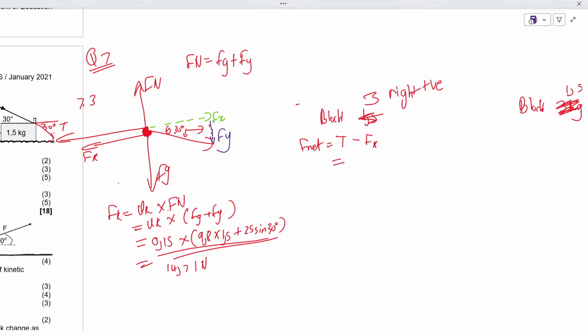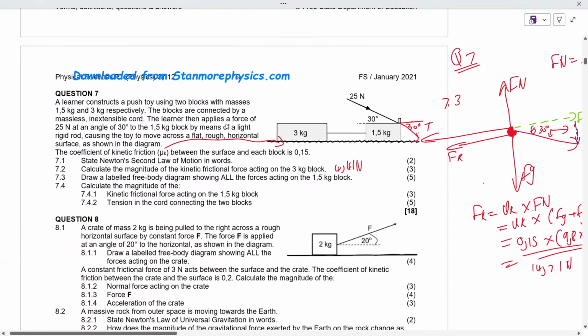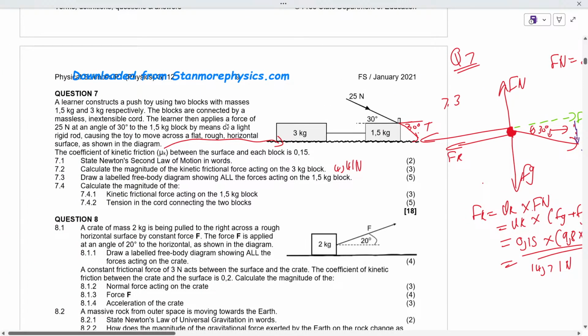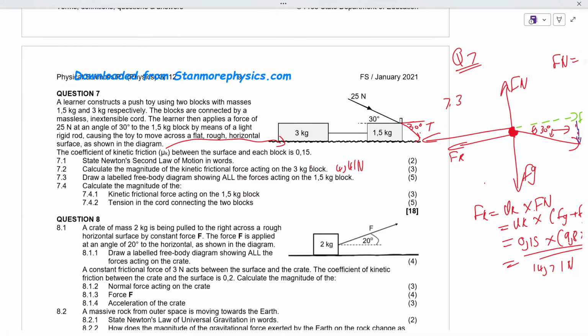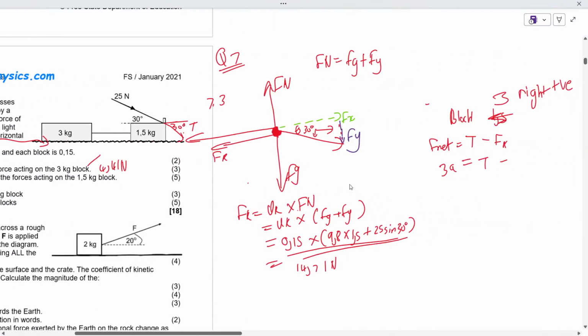Okay, and then I say this will equal MA, and the tension minus this. I'm looking for the tension. Let me substitute the mass here as 3, and then minus the Fk. I calculated it somewhere here: 4.41, the frictional force for the 3 kg.